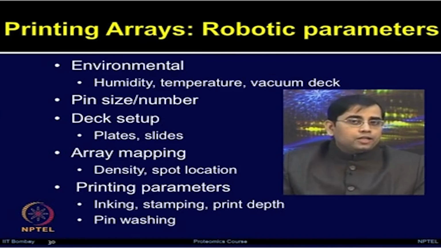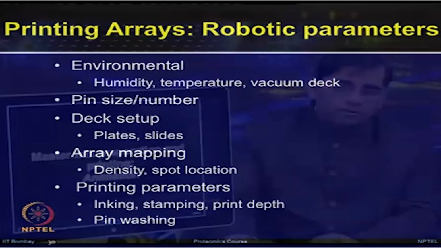So, how the pin washing is performed, and you definitely would like to track and log all of this detail, so that if anything goes wrong during a large printing, you can troubleshoot and know at which step things have gone wrong. So, printing good quality arrays is very challenging, but once you have good quality arrays in your hand, then you can perform different types of experiments.